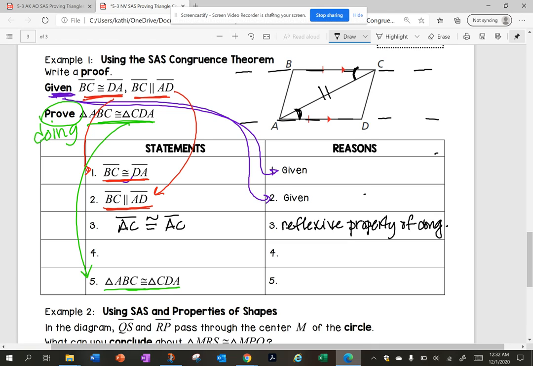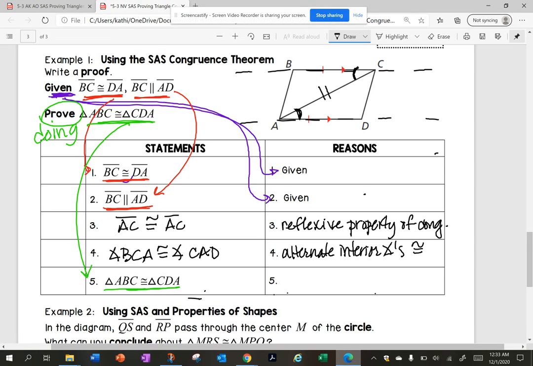So angle BCA is congruent to angle CAD, and I'm doing that because I know alternate interior angles are congruent.